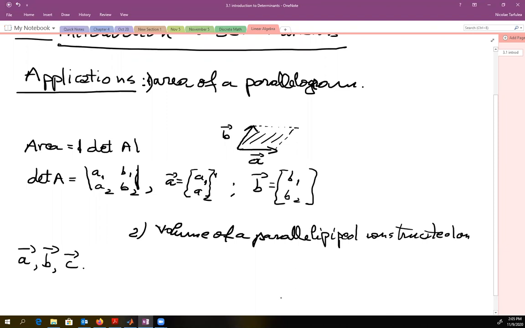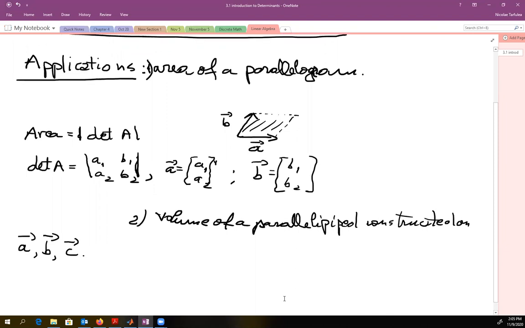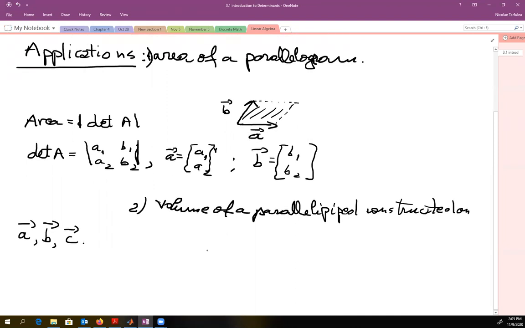So something like this: let's say this is vector A, B, and C, and you construct a parallelepiped by using these three vectors, more or less.